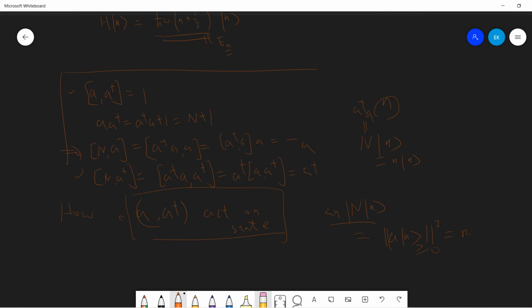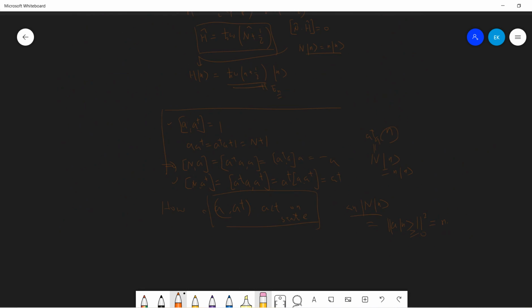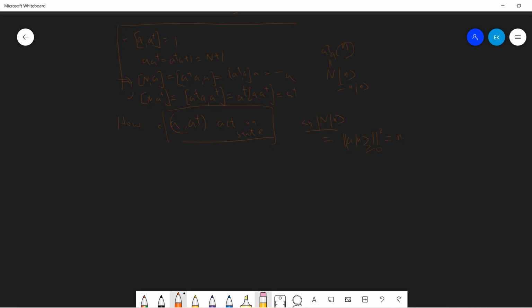Okay, so let's quickly see whether we can get some results. So a, right? What we know is that n a is negative a, right? So that means a acting on n will be proportional to something times n minus 1, right? Because n is n. Okay, so let's quickly prove it, right?